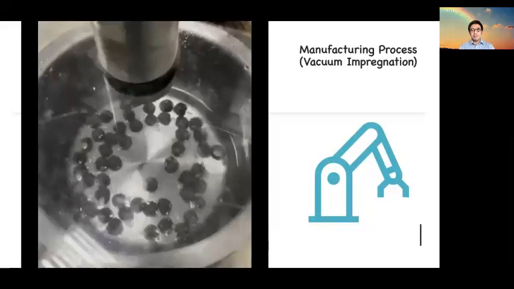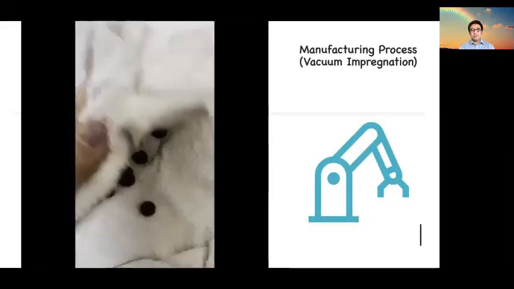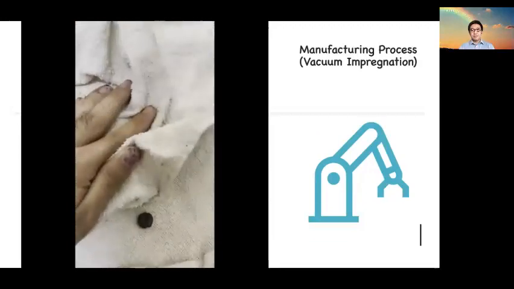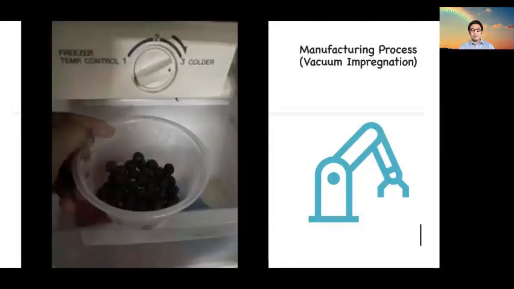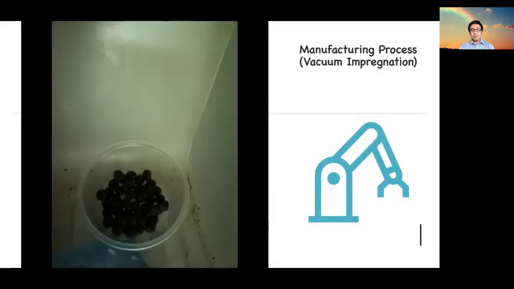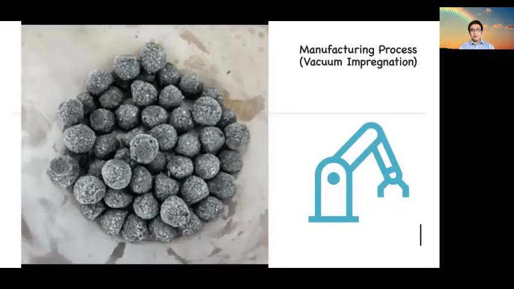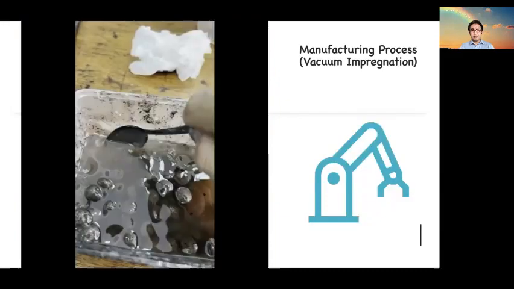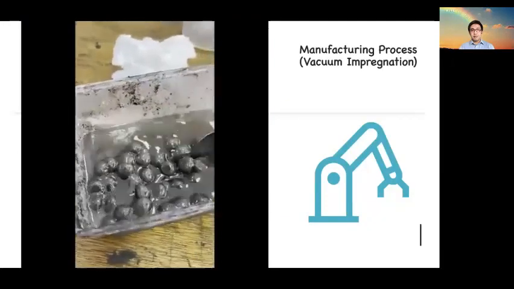The sample was taken out and surface dried by towel to remove excess paraffin. The sample is put inside the freezer for 24 hours for the solidification of liquid paraffin. The frozen impregnated aggregate is removed from the freezer and transferred into the mixture of epoxy resin.